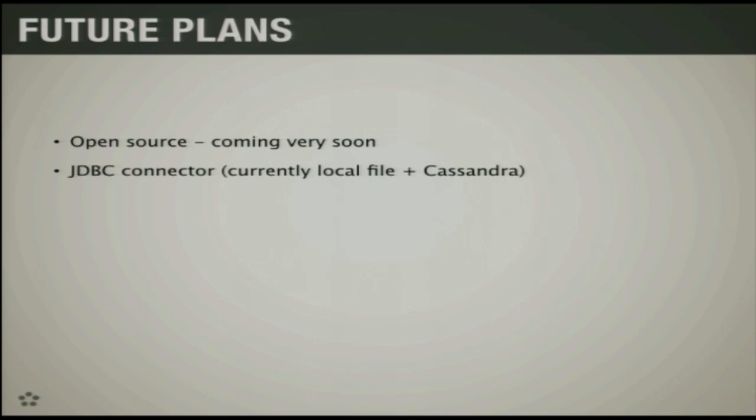Future plans. This says that open source is coming very soon, but I'm happy to announce that as of this very moment, we have actually started the open source process. So you can look at the Spark website and you'll see a pull request for a preview of the job server. It is fully functional. We plan to add JDBC connectors.